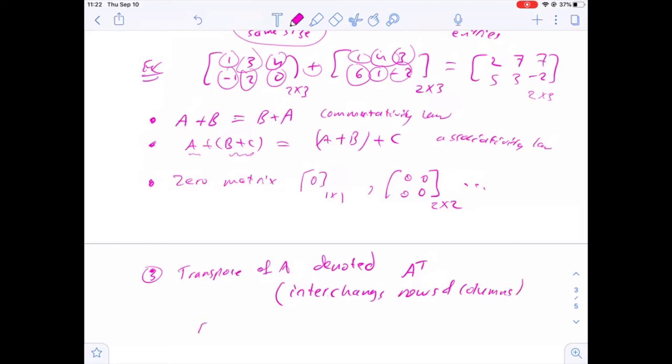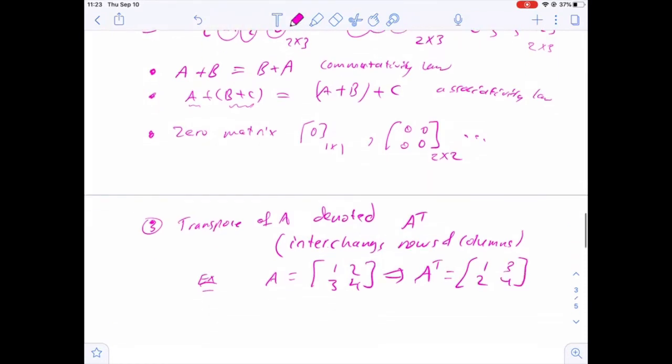For example, if A is 1, 2, 3, 4, then for A transpose we interchange rows and columns. The row becomes a column, and the column becomes a row.